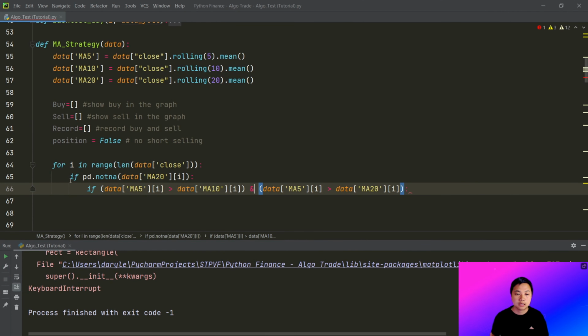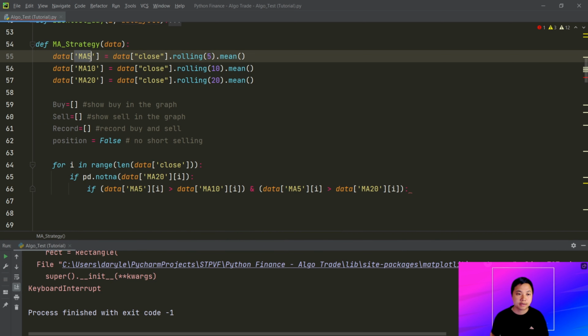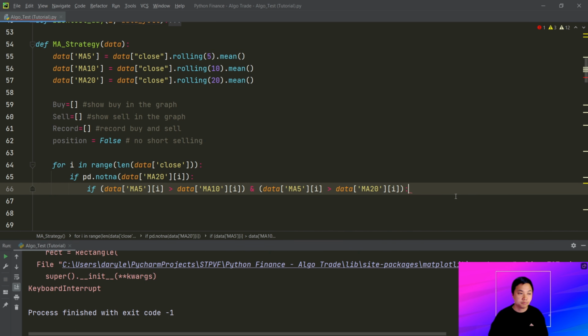So you can see the logic is to check if this moving average is above these two slow moving averages.